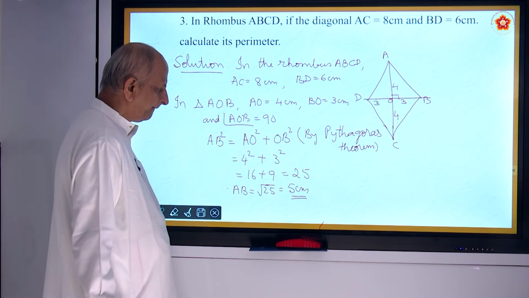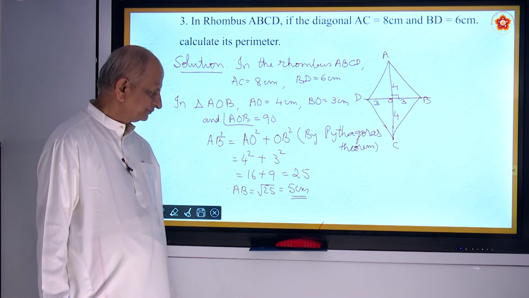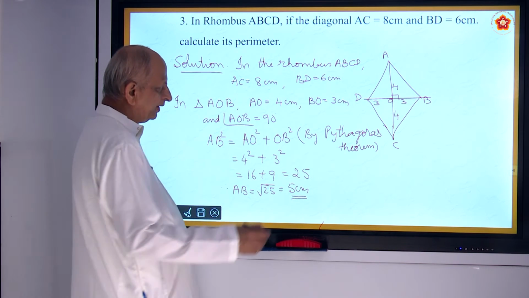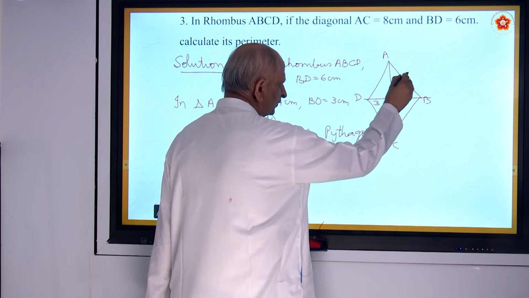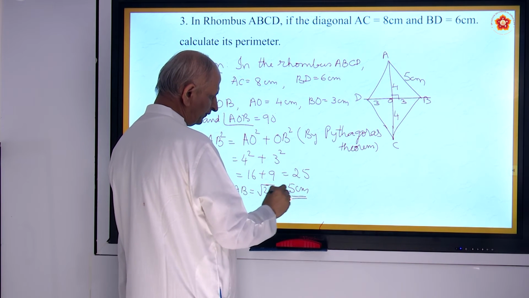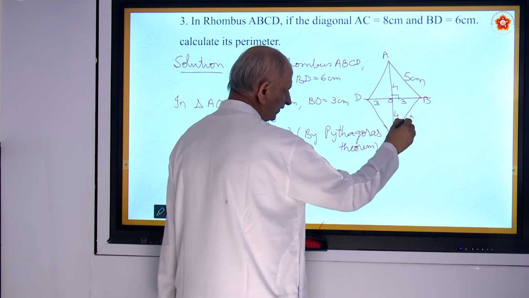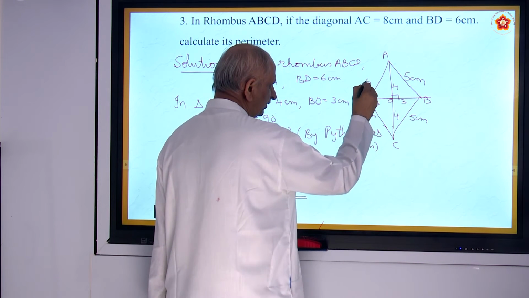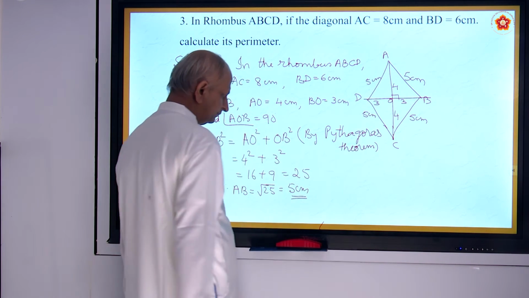We don't take minus here. If AB is 5, what about the other sides? AB is 5 means BC also becomes 5, CD also becomes 5, DA becomes 5.